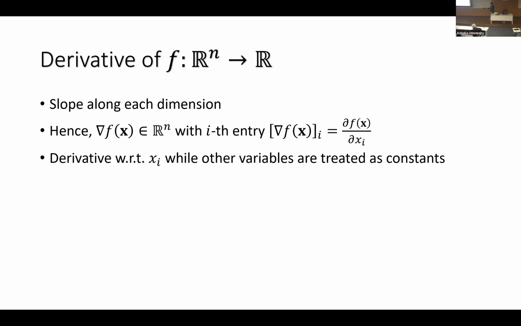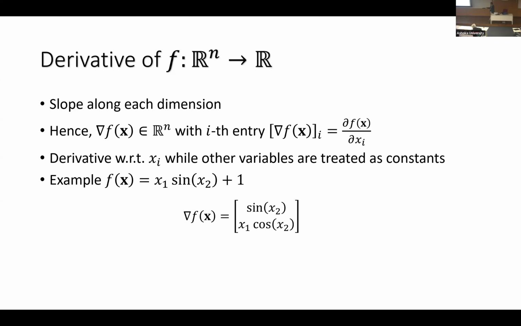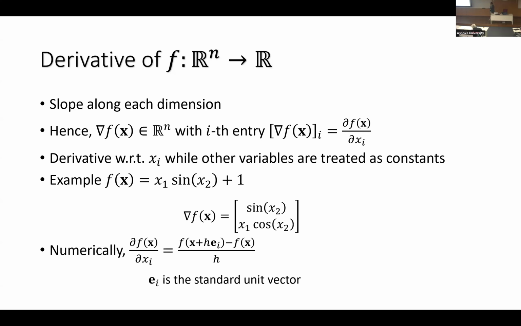So derivative with respect to xi, while other variables are treated as constant. For example, in this case, the gradient is like this. And numerically, if you want to evaluate, you would calculate f(x plus h ei). ei is the standard unit vector, 0 everywhere, 1 at the ith position. If I evaluate and take the difference, then I'll get the numerical partial derivative, the ith entry of the gradient.